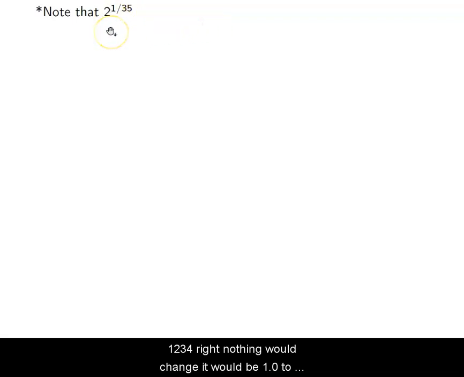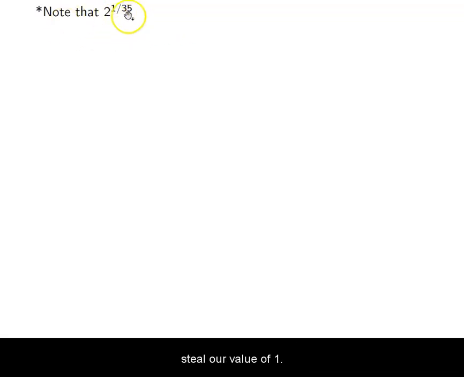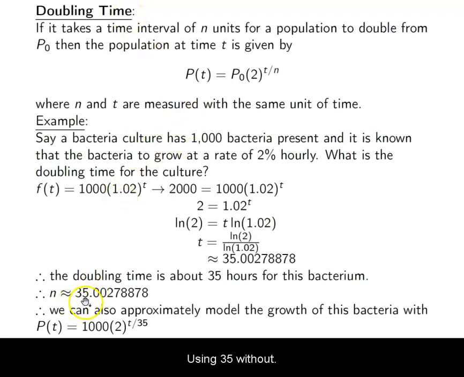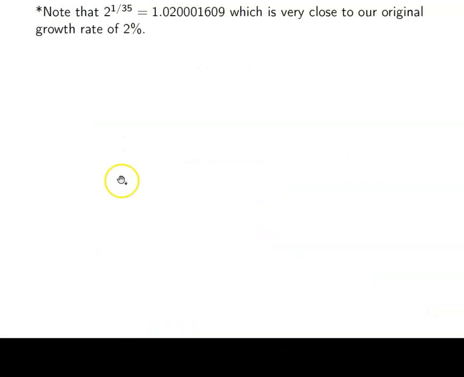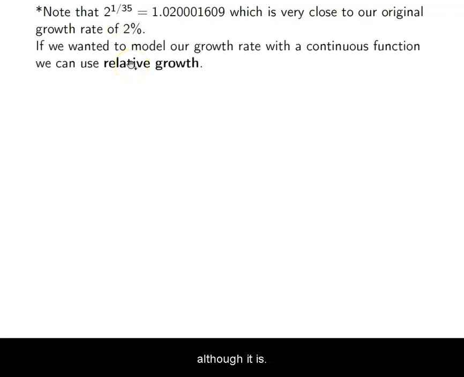So using 35 without 4 decimal places is pretty accurate. Ideally, yeah, we would use 35.0028 here, but that's unnecessary for this case. So this is very, very close to the original growth rate of just 2%, although it is off.